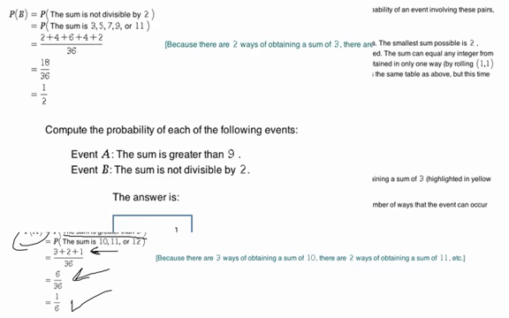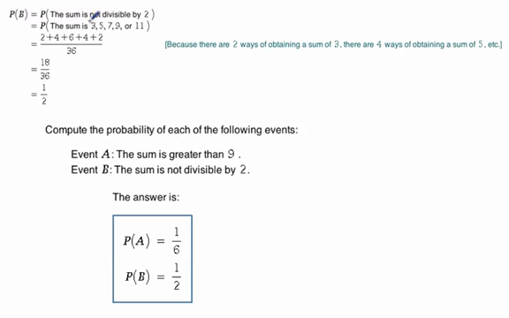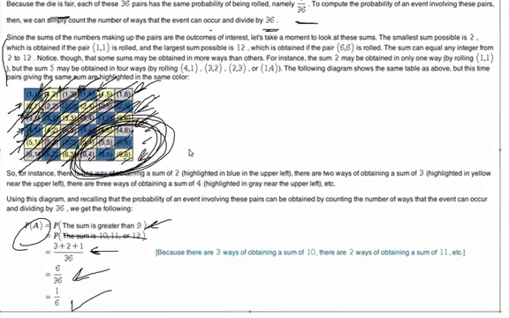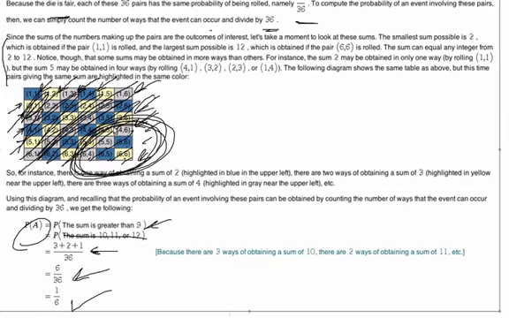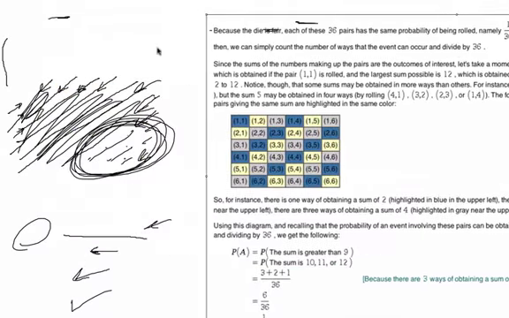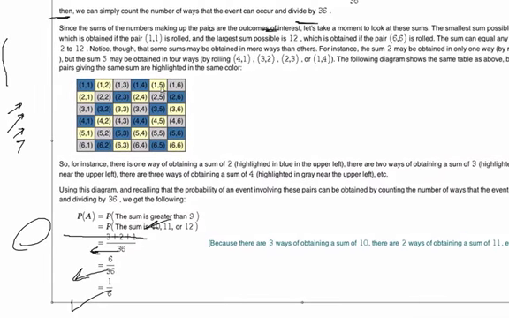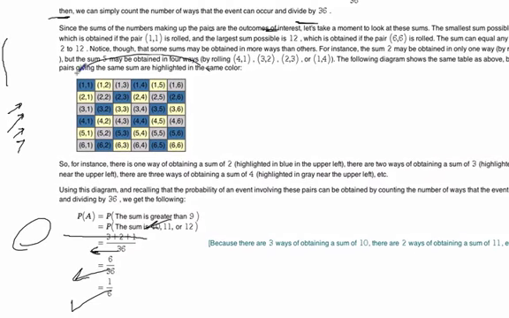Okay, let's look at the second part, the probability that the sum is not divisible by 2. Okay, so we want to think of all the different sums on this previous page right here. Let's see if I can get rid of some of this stuff. Okay, so in this, what are all the sums?